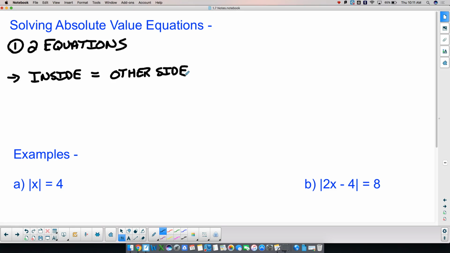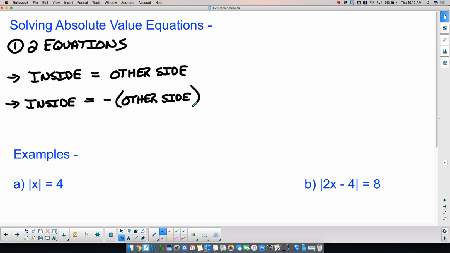Basically you write the equation without the absolute value sign. Your second equation is going to be the inside equal to the negative of that other side, so you negate the entire opposite side.